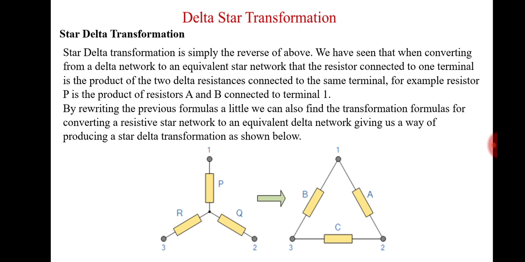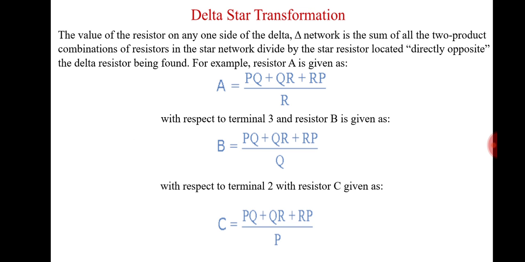So here star connected P, Q and R resistors and delta connected A, B, C. Now in star delta transformation, the value of the resistor on any one side of the delta network is the sum of all the two-product combinations of resistors in the star network divided by the star resistor located directly opposite the delta resistor being found.